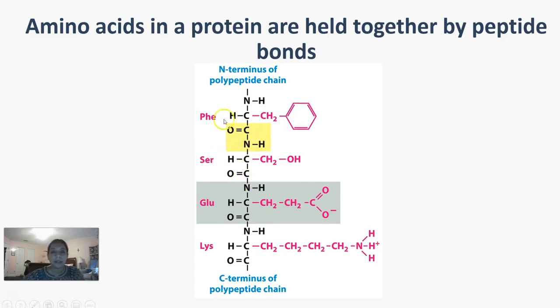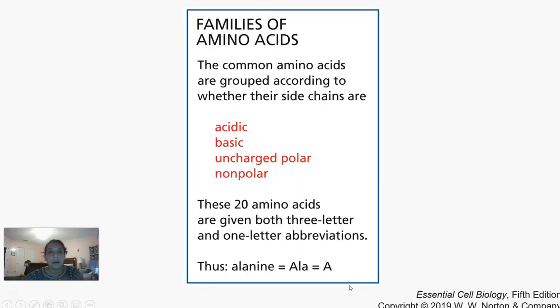Right here, you can see this example of that peptide bond. And here you have your different R groups that make up the different amino acids. This one is phenylalanine, serine, glutamine, and lysine.